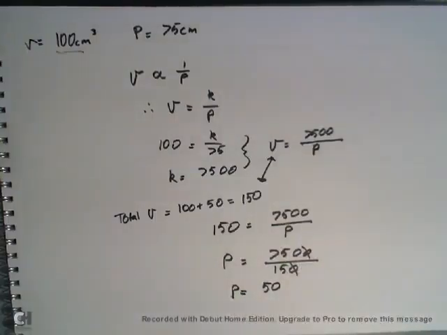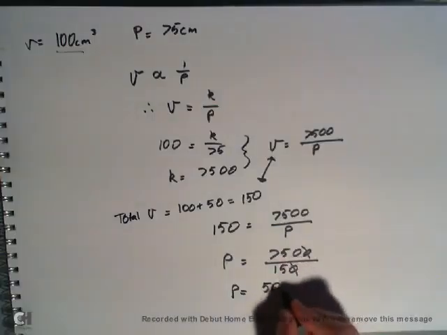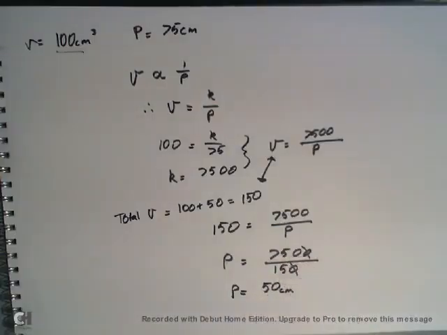So the gas in the container is under a pressure of 50 centimeters of mercury. Again, there's an inconsistency with the textbook, they've made a mistake somewhere, but that's our answer, what it should be.